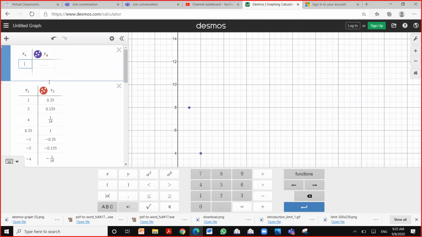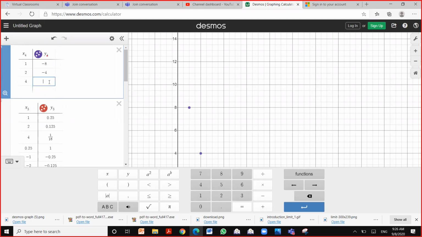So here, negative 8 over x. If it is 1, it will be negative 8. If it is 2, it will be negative 4. If it is 4, it will be negative 2. If it is 8, it will be negative 1. Tell me if I made anything wrong, okay?